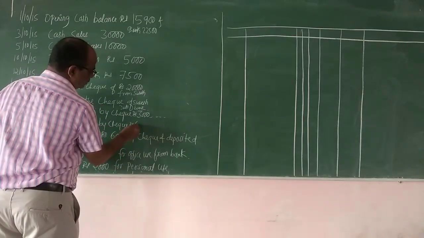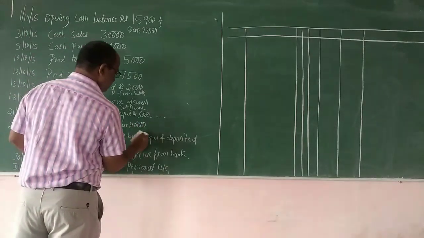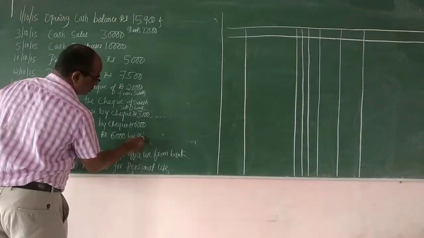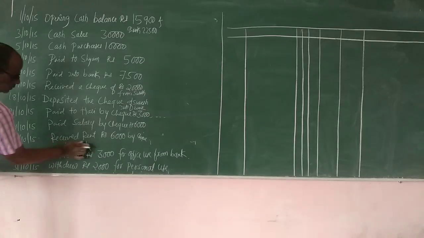Rupees 6,000. By check. And the rent into bank.